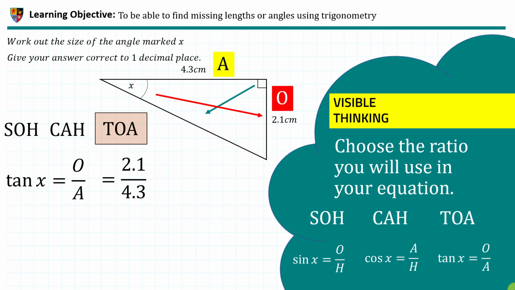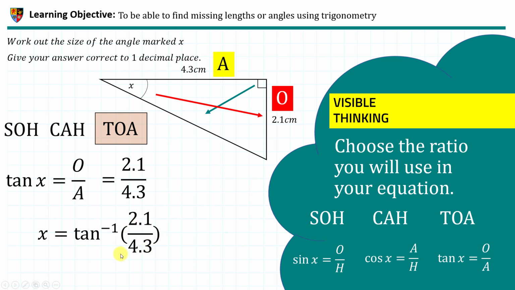So x is going to be equal to tan inverse, which is tan to the power minus 1. That's shift tan that you'll press on your calculator to get tan inverse, tan to the power minus 1. We say tan inverse, that's the official language. So we want x, it's tan inverse of 2.1 divided by 4.3.